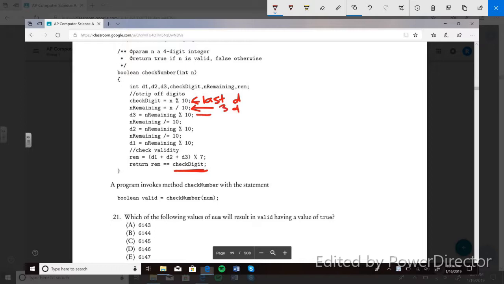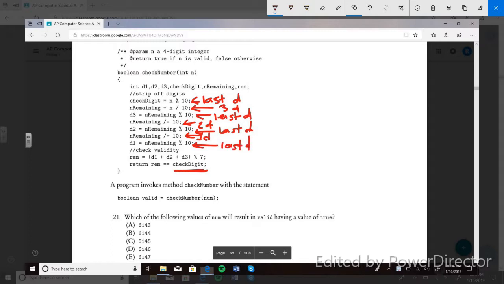And then this one gets another last digit. This one gets the remaining 2 digits. This one gets the last digit again. And again, the remaining 1 digit. And then this gets that last digit.